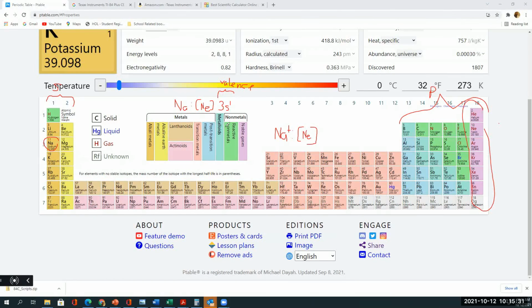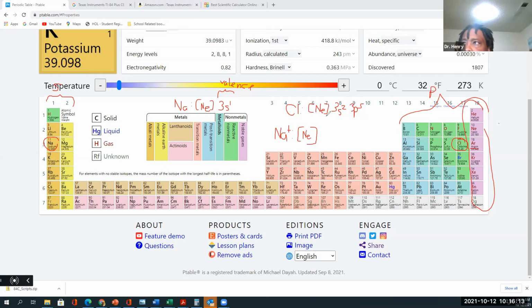Good question. Okay. So if we have chlorine, how far is chlorine from being a noble gas? One away. It's one away as well, right? So in this case, the electron configuration for chlorine is neon 3s2 3p5.